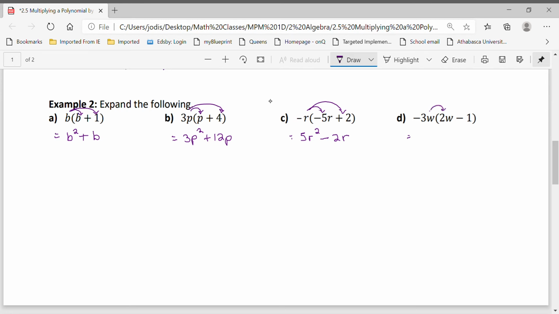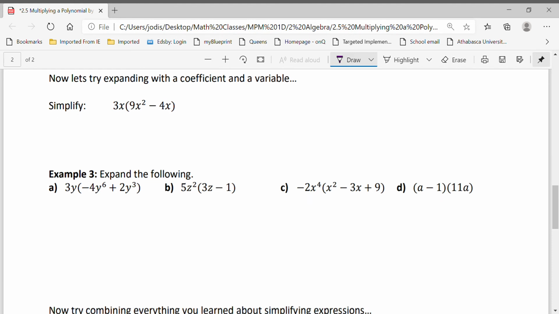And this last one, we've got negative 3w times 2w, so negative 3 times 2 is negative 6, and w times w is w squared. Negative 3w times negative 1, a negative times a negative is a positive, 3 times 1 is 3, and we keep the w.